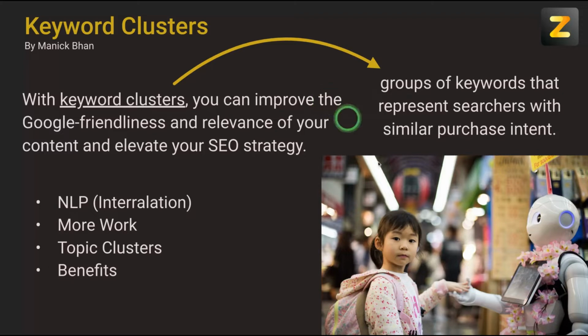So if now Google is more intelligent, it means that you have more work to create a better article, to create an article that will rank. And that is the thing that makes you as a marketer valuable, because you know what Google needs. And you have work for that.